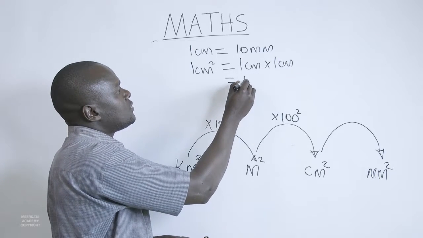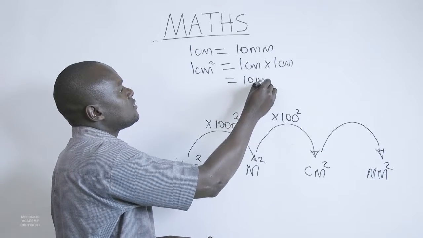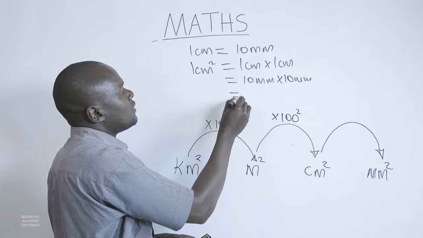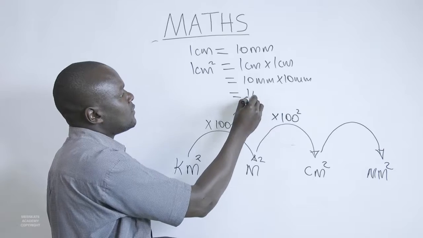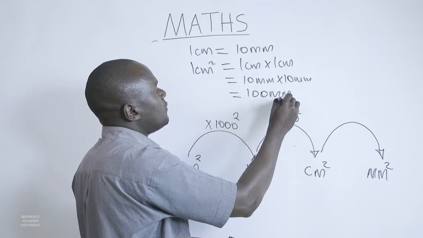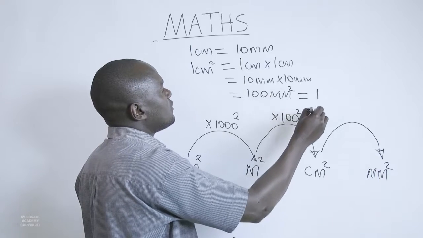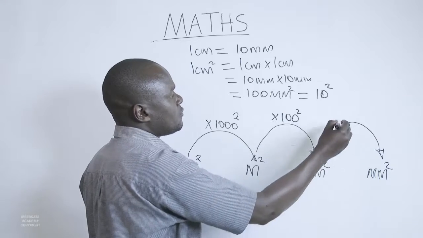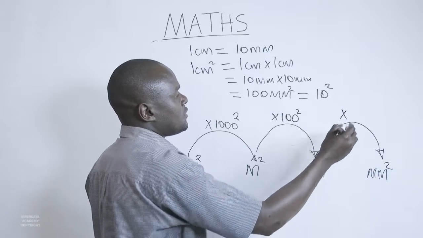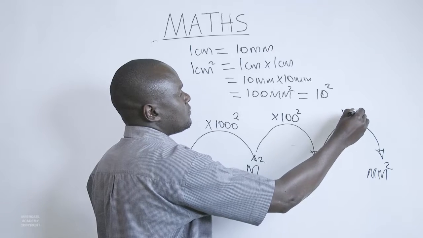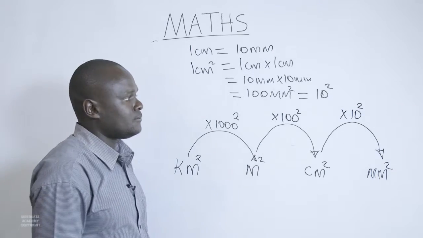And this can be written as 10 millimeters multiplied by 10 millimeters, giving us 100 millimeters squared, and this can be expressed as 10 squared, so that when we move from square centimeters to square millimeters, this will be multiplied by 10 squared.